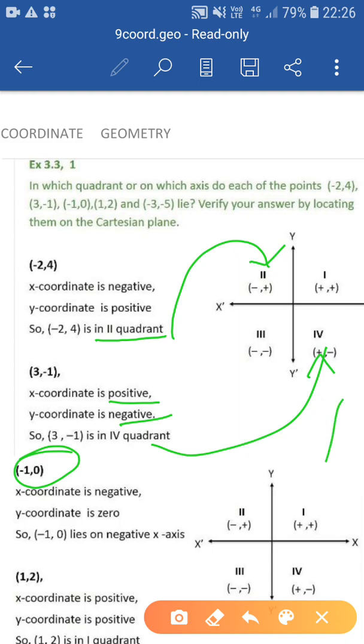Because in (-1, 0), the first number tells you how many units you have to move either to the left or to the right, and the second number tells you how many units you have to move up or down. Here the second coordinate is 0, that means you don't have to move up or down, you just have to move 1 unit to the left of the origin along the x-axis and stay there. So it will lie on the negative x-axis.